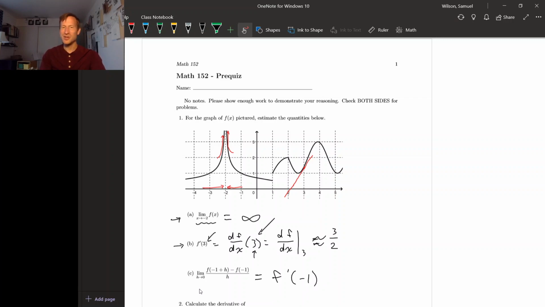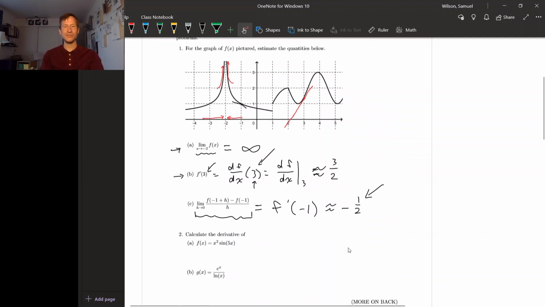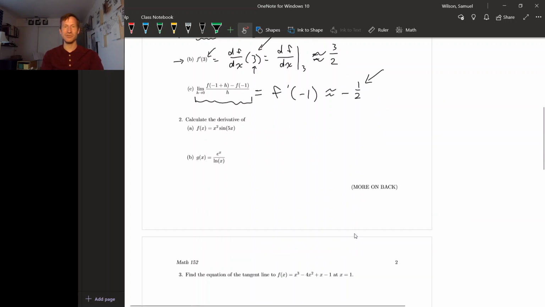So as long as you know that this is the definition of the derivative, you can just go to the graph and approximate the slope of a tangent line again. It looks like it's maybe -0.5, something like -0.5. So again, the important part of this one is just that you know what the limit definition of a derivative is.